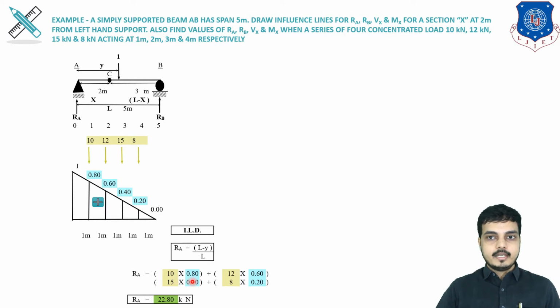So 10 multiplied by 0.8 plus 12 multiplied by 0.6 plus 15 multiplied by 0.4 plus 8 multiplied by 0.20. So after multiplication, adding this plus this plus this plus this, I will be getting my RA value. Like this we have found RA for these 4 concentrated loads. So this is just a simple formula to apply and then multiply with ordinates.